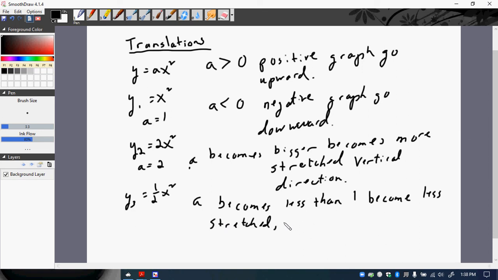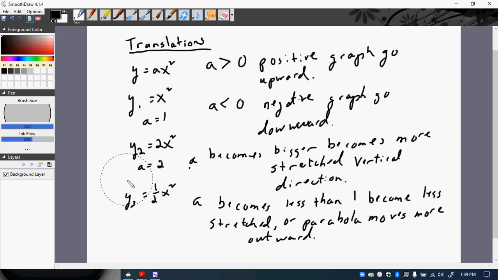Or some people say the parabola is wider.